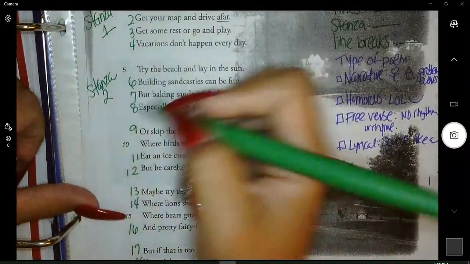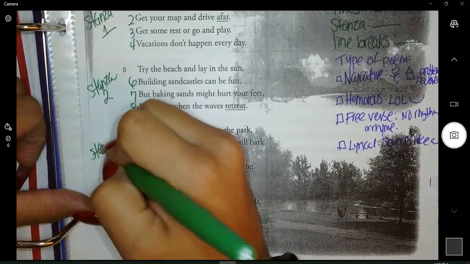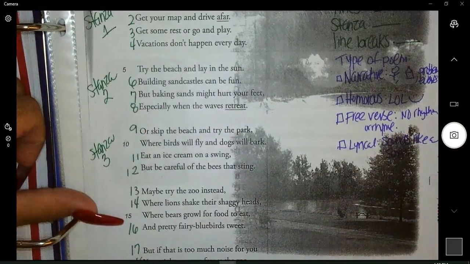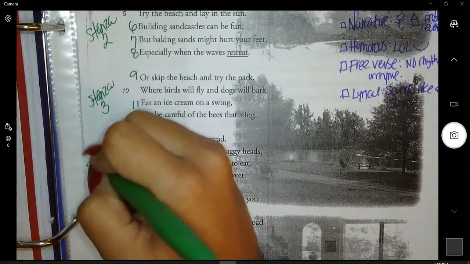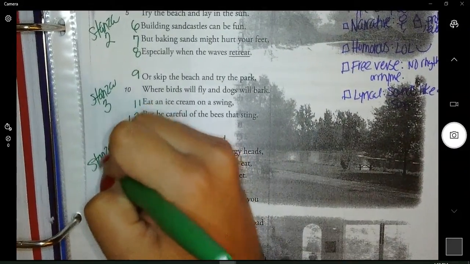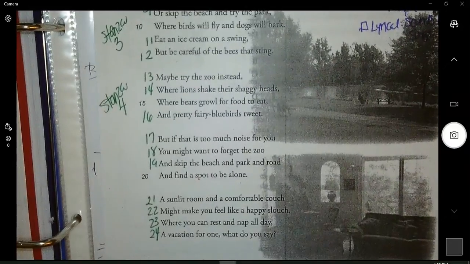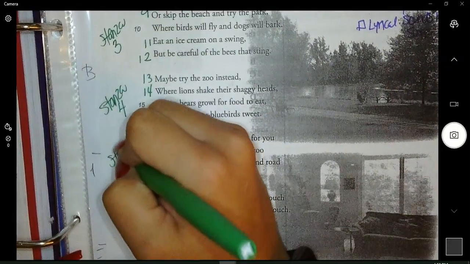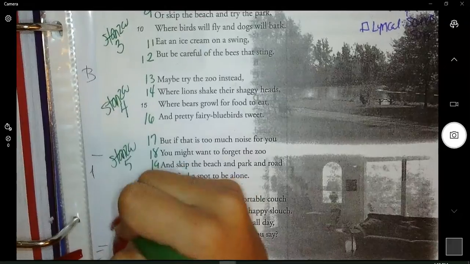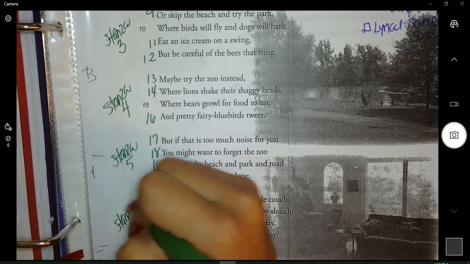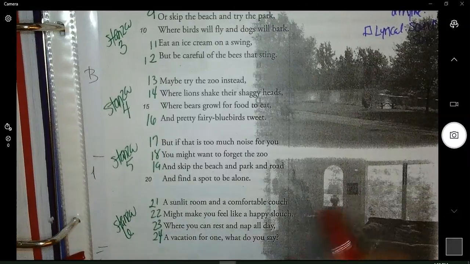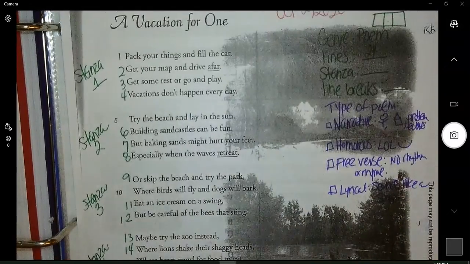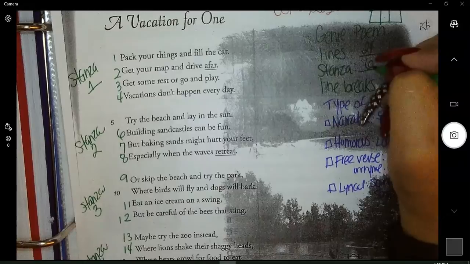Make sure you number them. Then I have another one. So how many stanzas do we have in total? We have a total of 6. Great job. Okay, so let's go ahead and put here we have 6 stanzas.